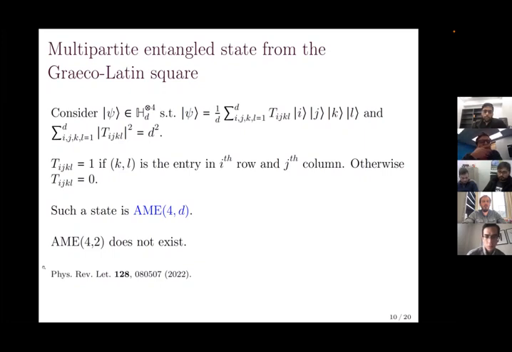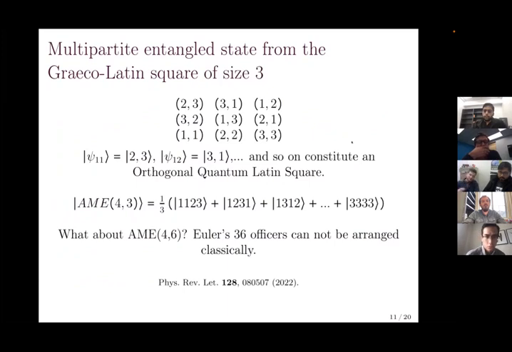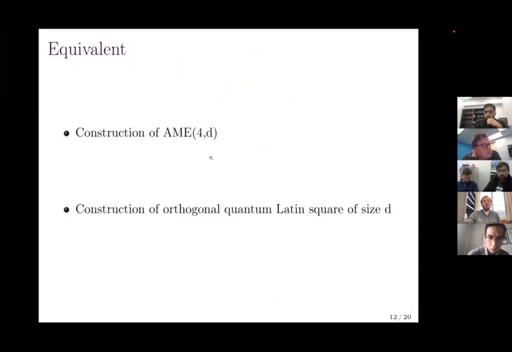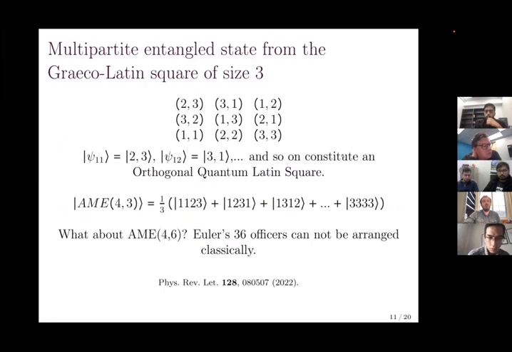Going forward, I'm giving an example. I think this will make things a lot clearer. This is a Greco-Latin square of order 3, size 3, basically. For one position, let's assign the ket 2 3 because 2 3 is the ordered pair in that position. For 1 2, let's assign the ket 3 1, and so on.